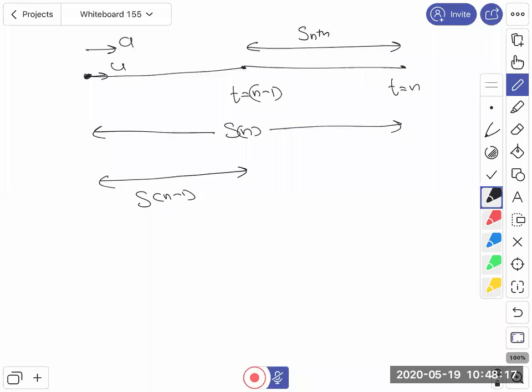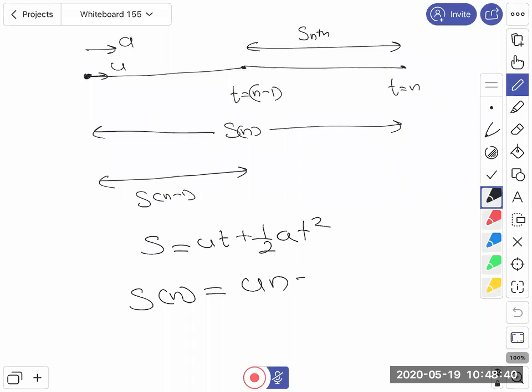And we already know the equation for displacement in n second, that is, displacement as a function of time: S is equal to ut plus half a t square. We know that equation. So displacement in a time of n second will be equal to initial velocity u times n, plus half into acceleration a, and time n squared.